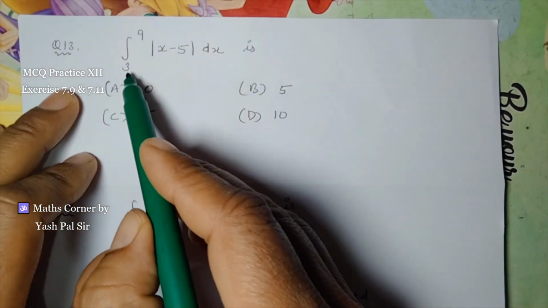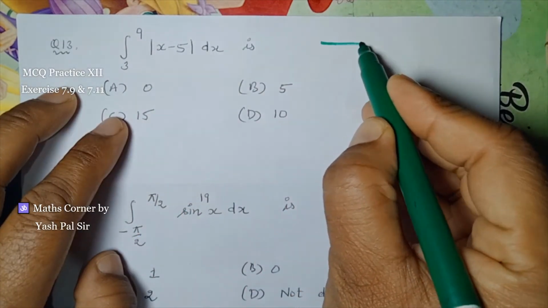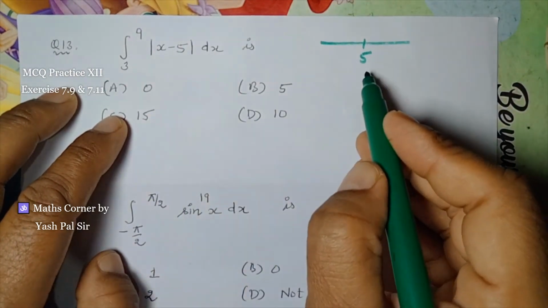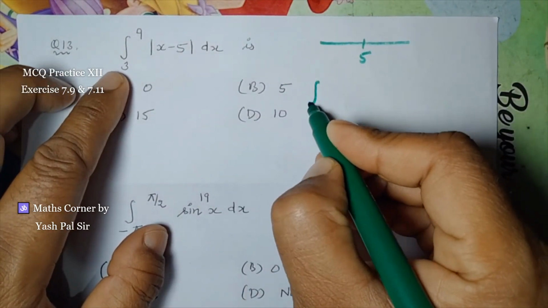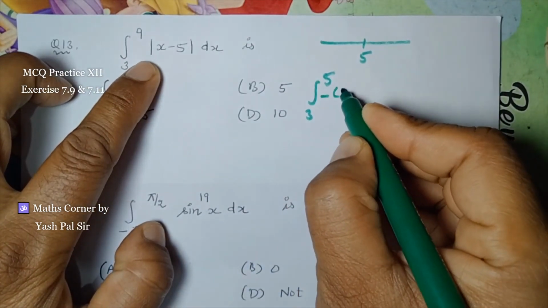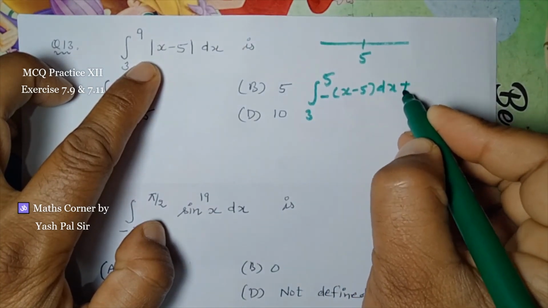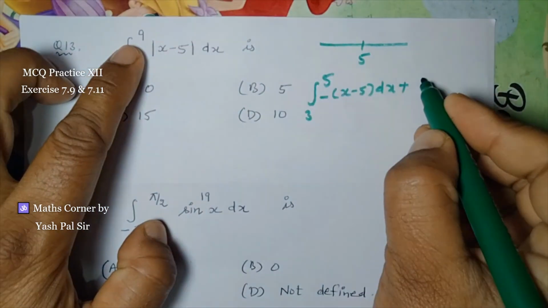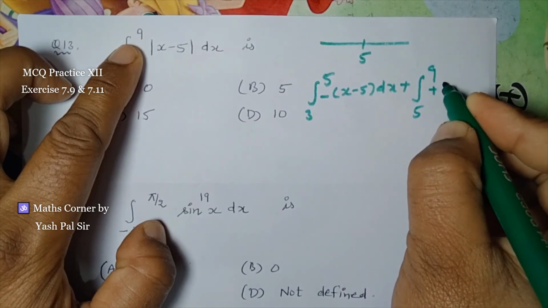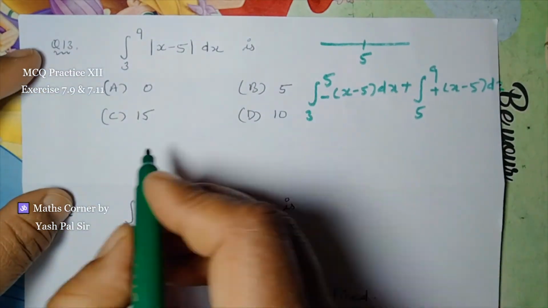Question number 13. We have the limit from 3 to 9 of modulus x minus 5. Again we take the help of the number line. Here 5 is the point, so from 3 to 5 the modulus is negative, minus x minus 5 into dx, plus thereafter, after 5 up to 9, the modulus is positive, so this is x minus 5 into dx, right?